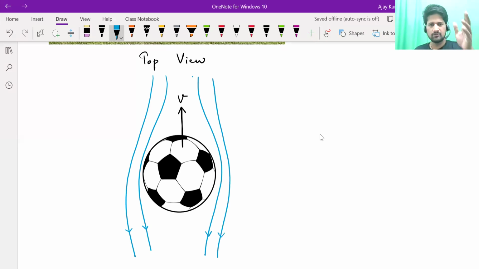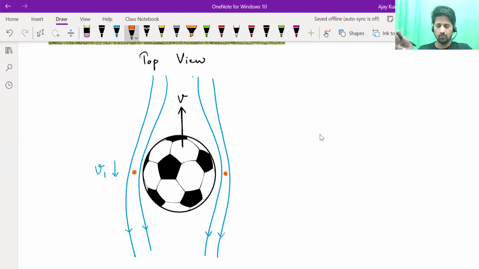Now, if the ball is uniformly rough, roughness is same everywhere and it's not spinning around, then most likely the speed of air molecules on one side, let's call it V1, or let's consider 2 points first. One point on the left of the ball, one point on the right of the ball. You are seeing from above.